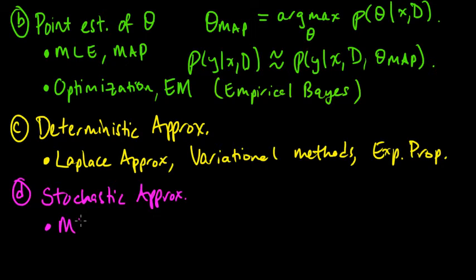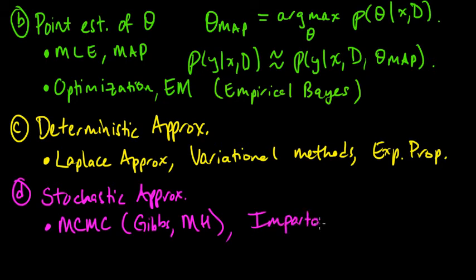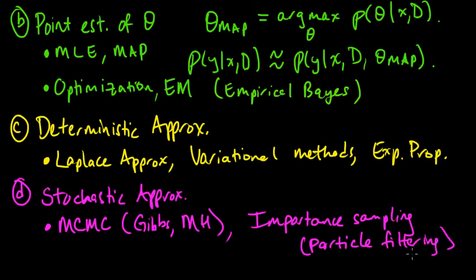These would include Markov chain Monte Carlo, MCMC, such as Gibbs sampling or Metropolis-Hastings, two types of MCMC techniques, or importance sampling. Importance sampling is a way to approximate expected values. A particularly important type of importance sampling is particle filtering. It's sort of a sequential importance sampling.